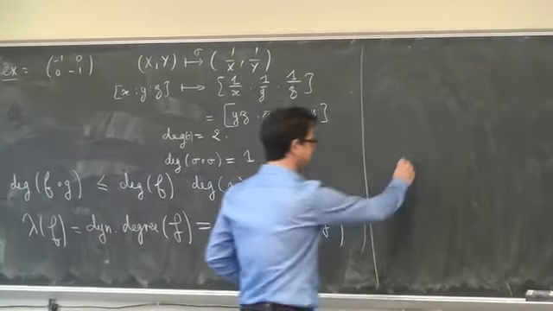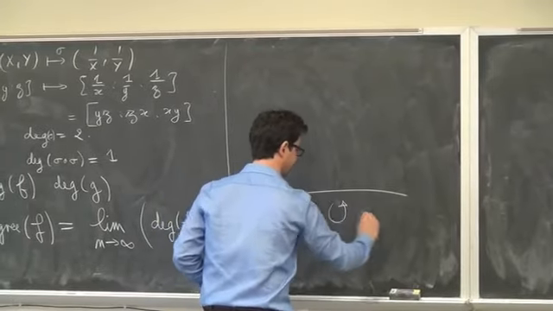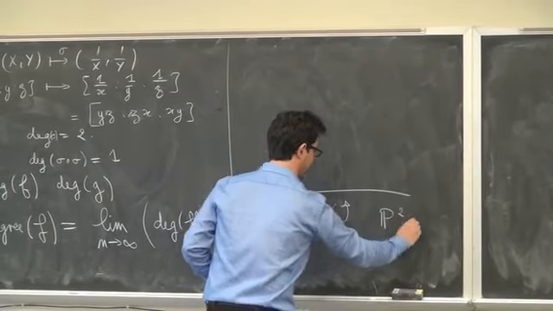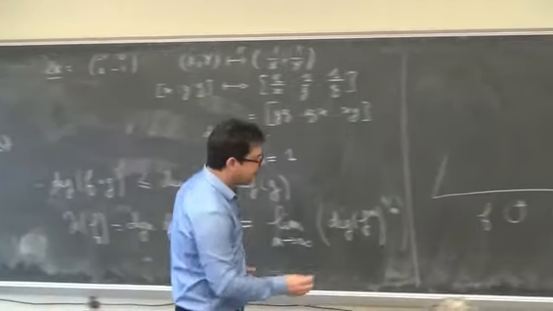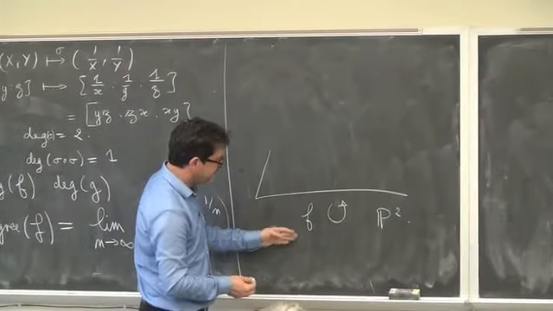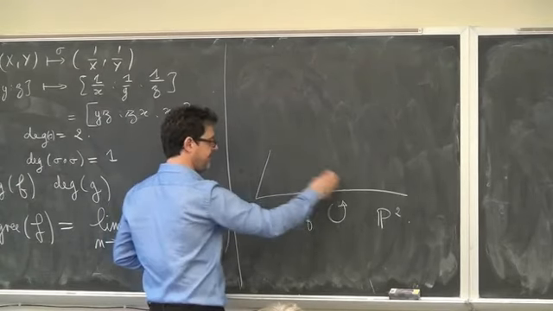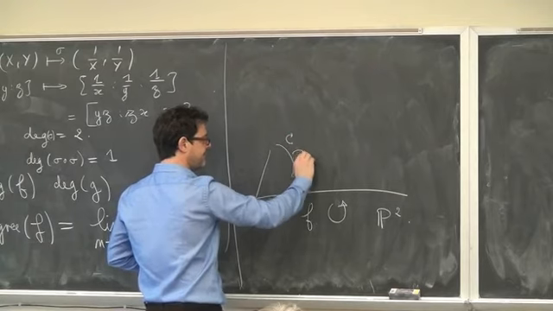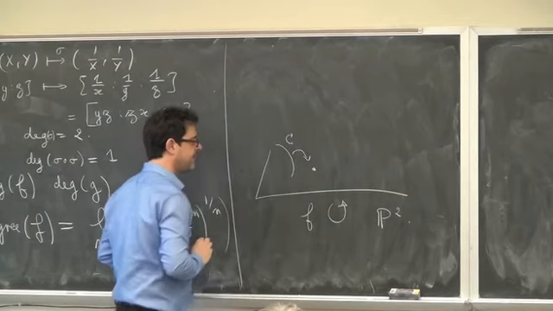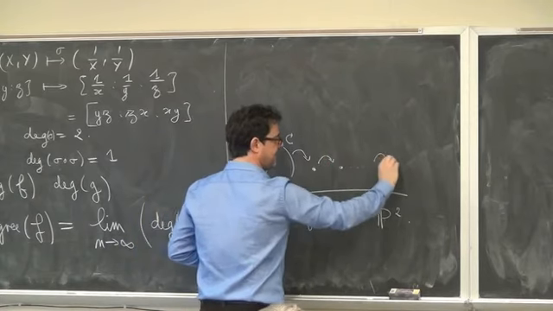Okay, so let's look at the dynamics of f acting on P2. So the degree of f to the n is the nth power of the degree of f, except if the following phenomenon occurs. There is a curve C, the curve is mapped to a point, then the point is mapped to another point by f, and so on.